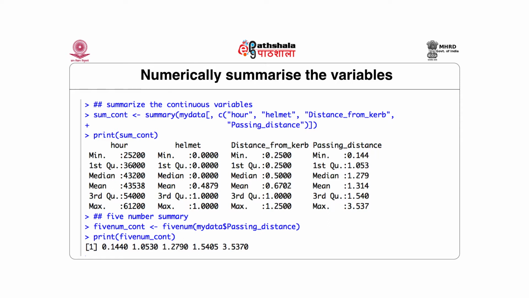In the language of data analysis, a 5-number summary essentially means that you ask for the minimum value, the first quartile, the median, the third quartile, so that you can calculate the interquartile range, and a maximum value.